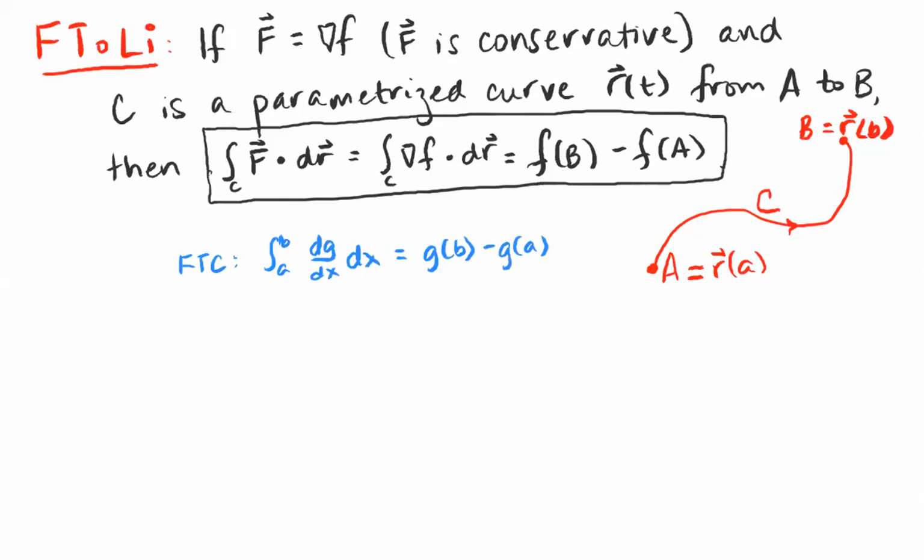In the fundamental theorem of calculus, to integrate the derivative of a function over an interval from a to b, you just evaluate the original function at the endpoints and subtract. And here in the fundamental theorem of line integrals, you're integrating the gradient of a function along a curve, which is a form of a derivative, right? And so you evaluate the original function at the 2 endpoints and subtract. Instead of having a derivative with respect to x, like in the fundamental theorem of calculus, you have the gradient, but otherwise it's completely analogous.